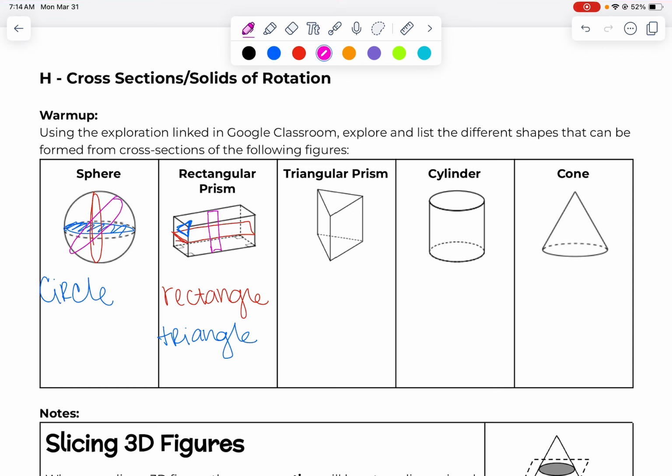Then we have a triangular prism. If I were to cut it straight through the middle horizontally, it would form a triangle. If I were to cut it vertically, it would form a rectangle.